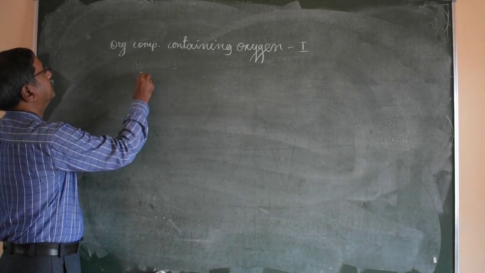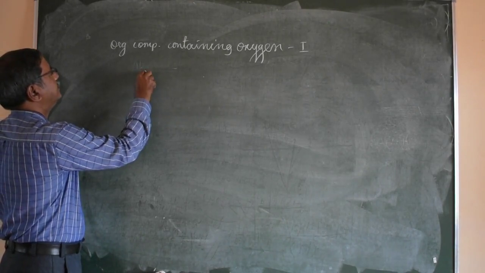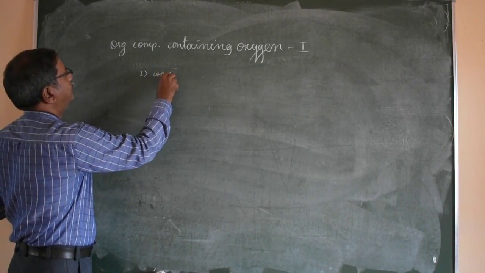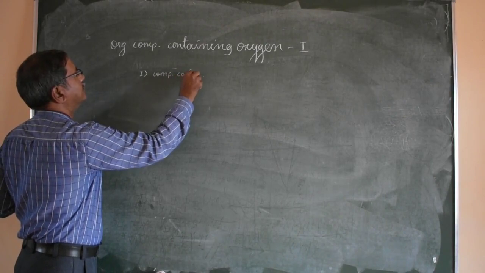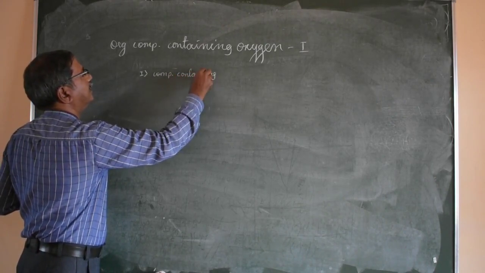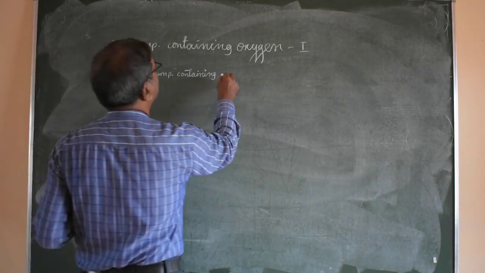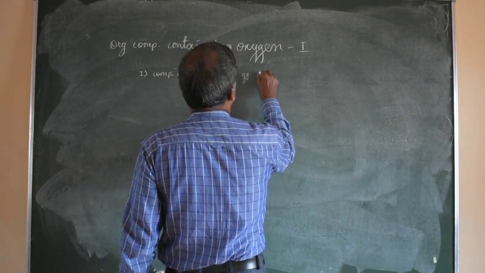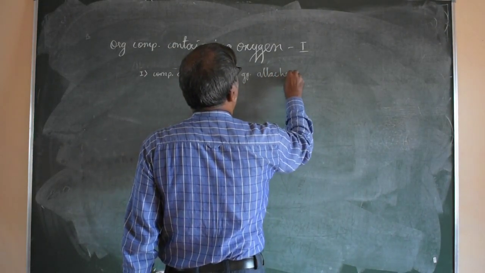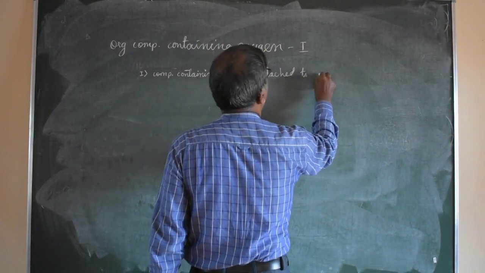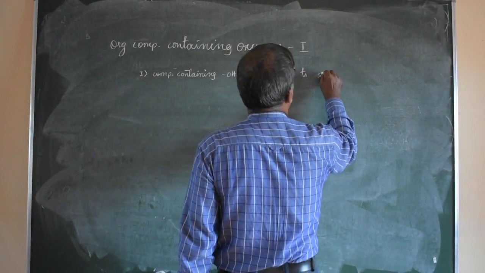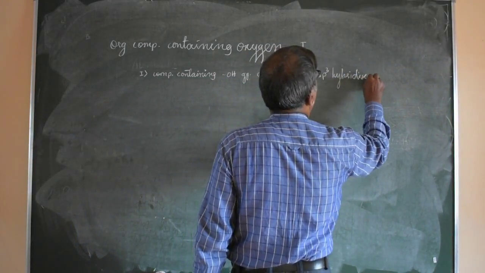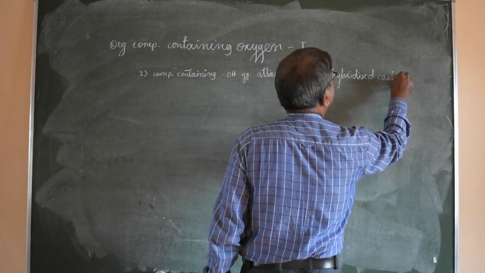Here we classify monohydric alcohols into two categories. One is compounds containing an OH group attached to an sp3 hybridized carbon.